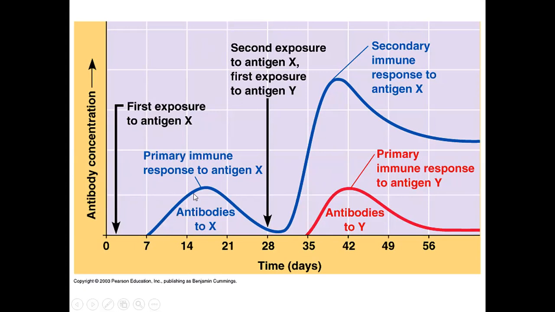The amount of antibody increases moderately. After the second exposure, it increases in high amount. This is the secondary immune response to antigen X. While the first exposure to antigen Y, it increases. This is the primary response with respect to antigen Y.